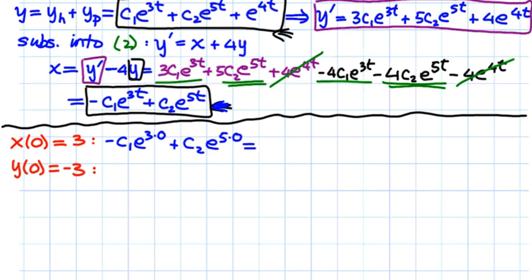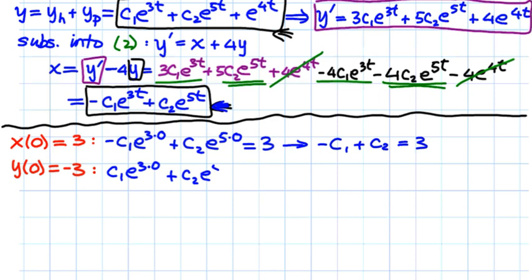And that's supposed to be equal to 3. So when we do that, we just have negative c1 plus c2 is equal to 3. For y, we have c1 e to the 3 times 0 plus c2 e to the 5 times 0 plus e to the 4 times 0 equal to negative 3.